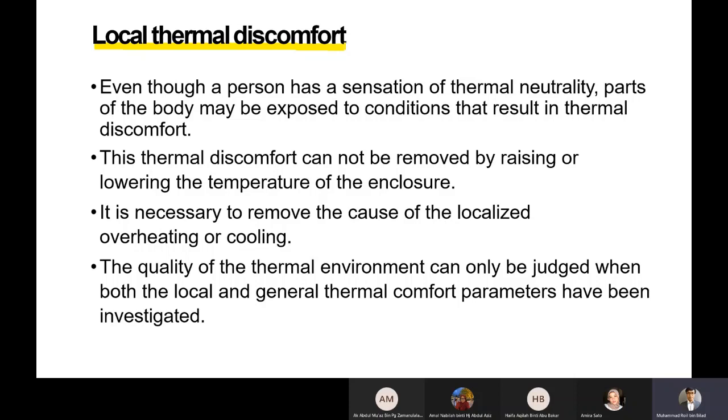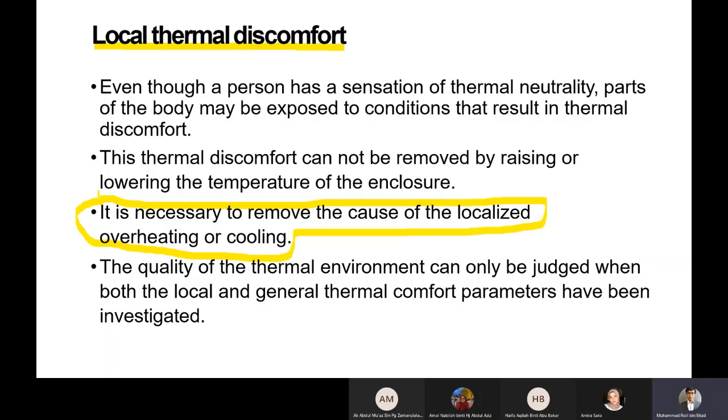It is when you feel uncomfortable because a part of your body is uncomfortable. For example, your feet are too cold, or something else. We'll discuss this one later on. So if you want to make the situation comfortable, we have to amend the condition that makes the local discomfort.